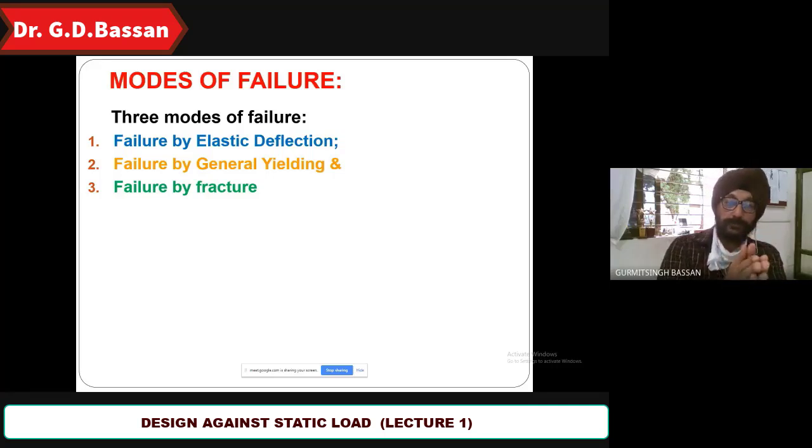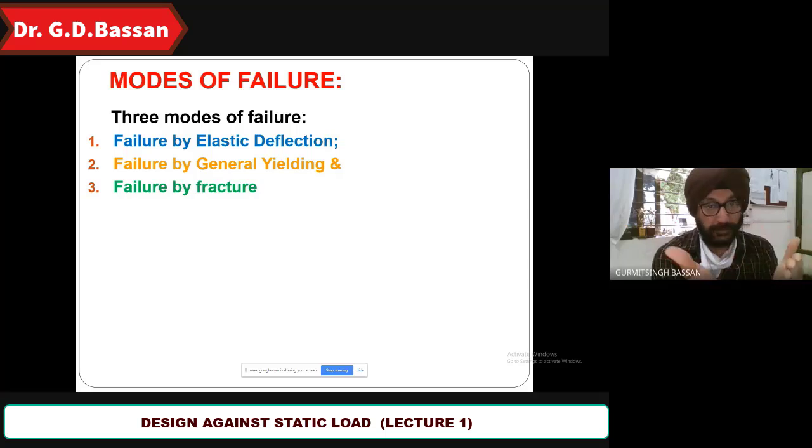Now, all of you must have learned about the stress strain diagram. Everybody knows it. In a stress strain diagram, first there is a straight line, that is up to the elastic deflection.